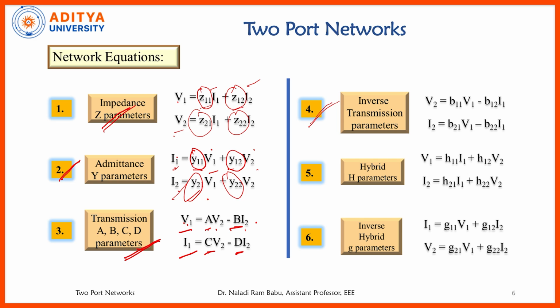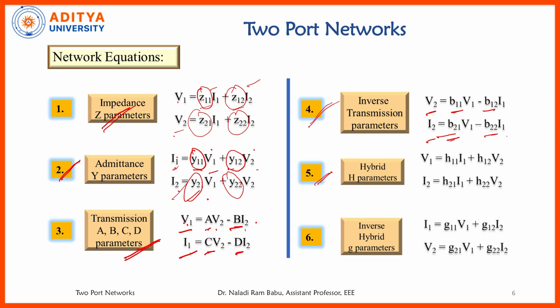So V2 is b11 V1 minus b12 I1, and I2 is b21 V1 minus b22 I1, where b11, b12, b21 and b22 are inverse transmission line parameters. b11 is in the form of voltage, b12 is voltage by current, that is impedance, b21 is current by voltage, that is admittance, and b22 is a current term.